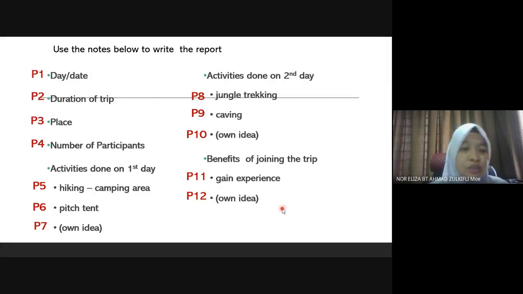Do you see the words when hiking or pitched or gained or when jungle trekking? Is there any idea here in the question that tells you that you must write in the past tense? Can somebody just tell me? Any indication that tells you that you must use the past tense? Anyone?